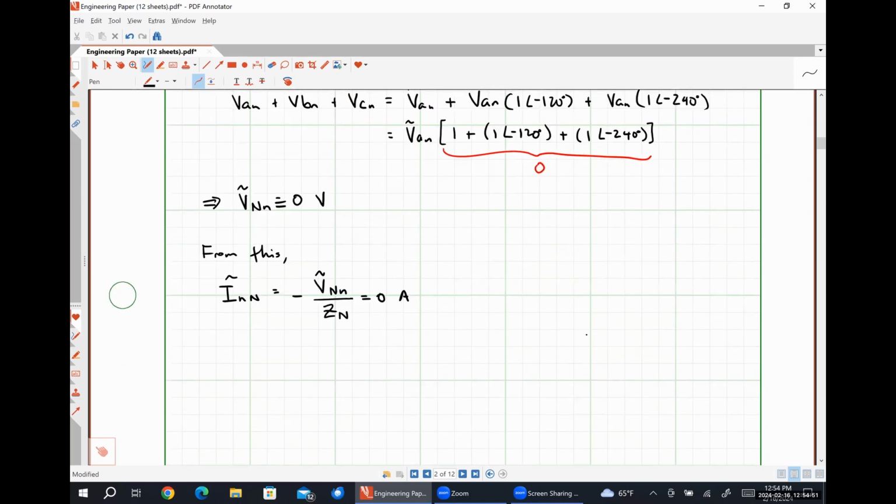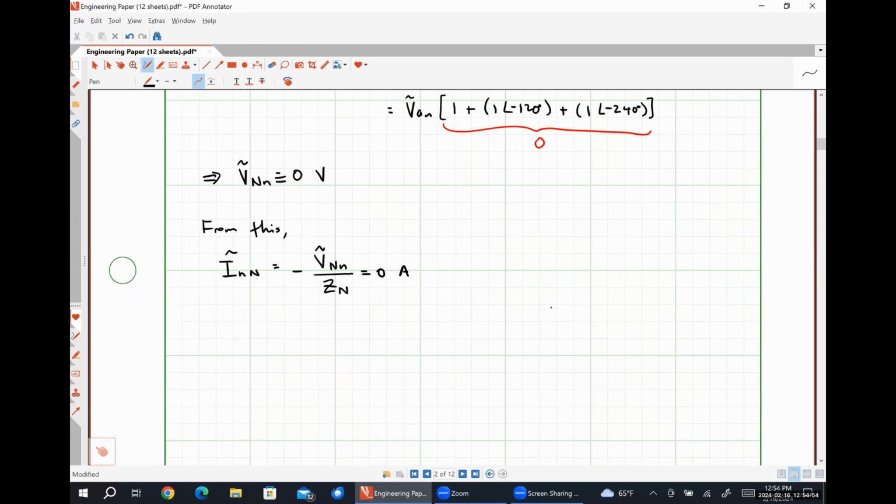Let's look at our other currents, right? So let's look at our line current IAA, right? So VAN minus VNN over ZWA plus ZYA in a balanced three-phase system is just going to look like VAN over ZW plus ZY.